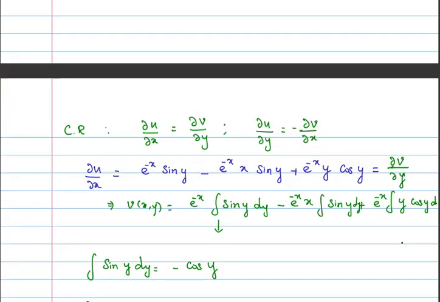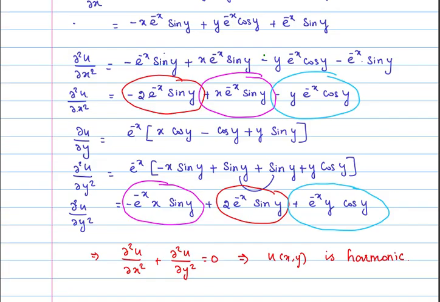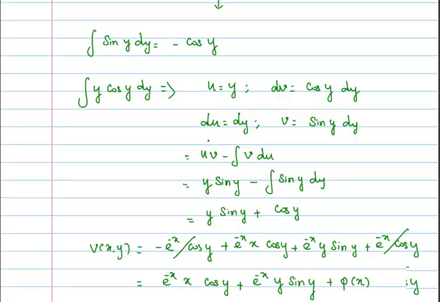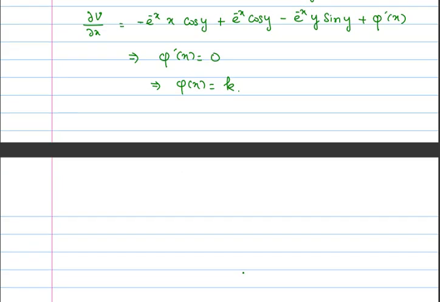Next I want to compare with ∂v/∂x equals minus ∂u/∂y. So minus ∂u/∂y gives the same thing, e^(-x) x cos y minus e^(-x)..., the same thing only with the negative sign. So this implies, please compare, phi prime of x is 0. This implies phi of x is some constant k.